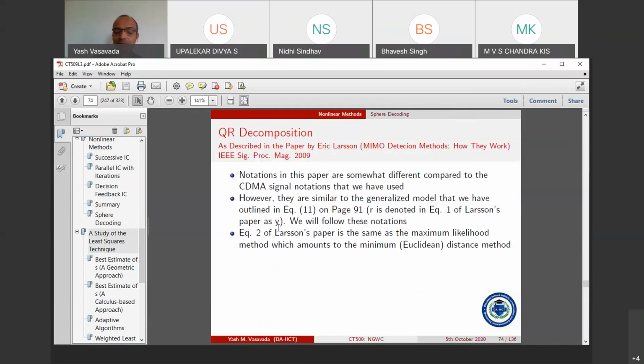Now, apart from anything else, what I would like you to focus on is how, for a difficult looking problem, some ingenious people, some clever people, came up with a smart solution to it.